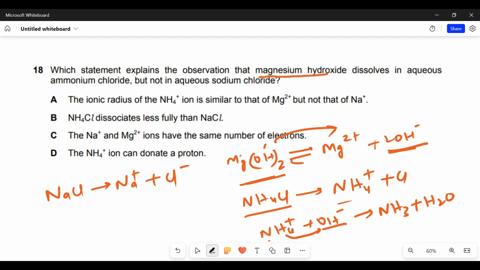Magnesium is unable to displace sodium from the salt, and there is no reaction that takes place. Even if Na+ can react with OH minus ion, NaOH is also very highly soluble, hence it does not reduce the concentration of OH minus ion, and magnesium hydroxide remains insoluble in NaCl solution. Hence, we can see that D is the correct option, because NH4+ ion can donate a proton, which makes magnesium hydroxide more soluble.